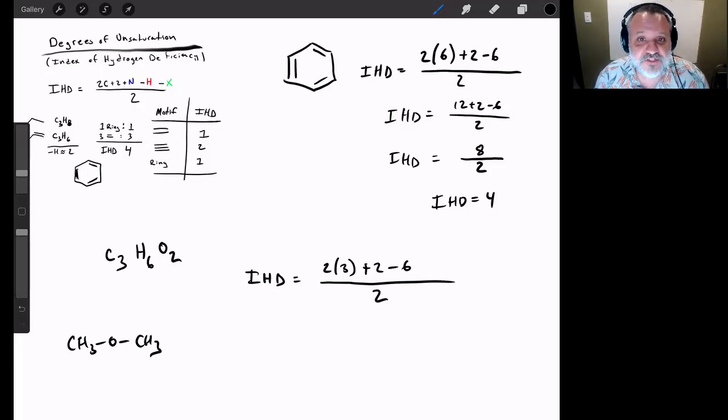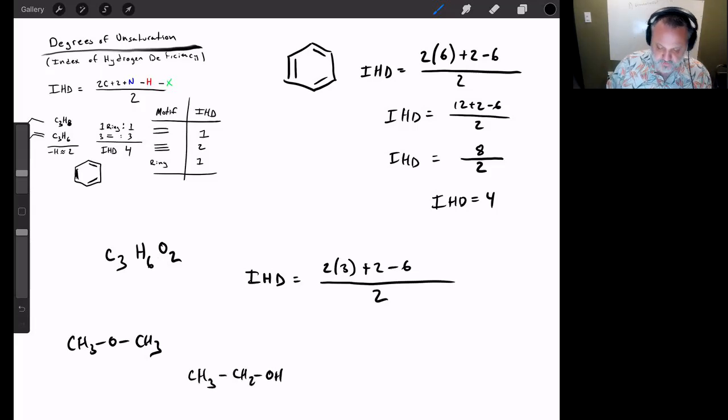The index of hydrogen deficiency here is going to be 0 because everything is saturated. But if we had an alcohol, what about this? CH3CH2OH. Again, fully saturated. IHD is going to be 0. So the IHD isn't going to help you pick between these two structures.